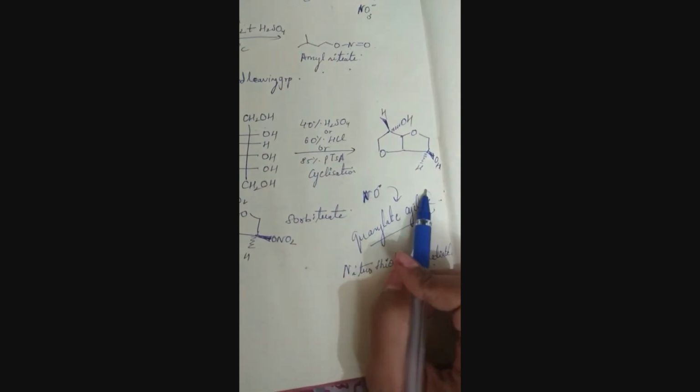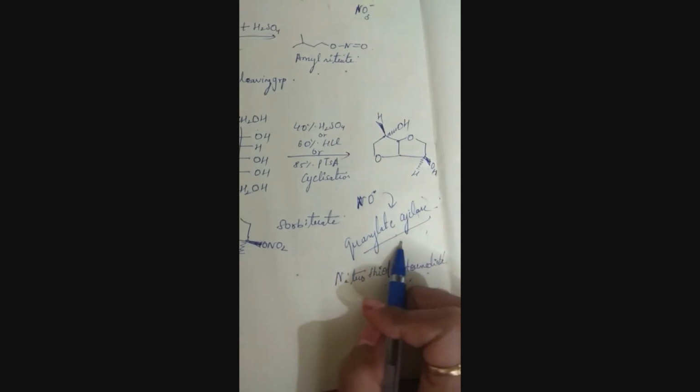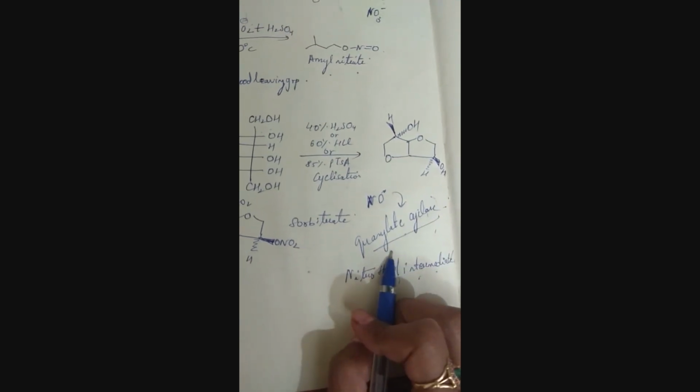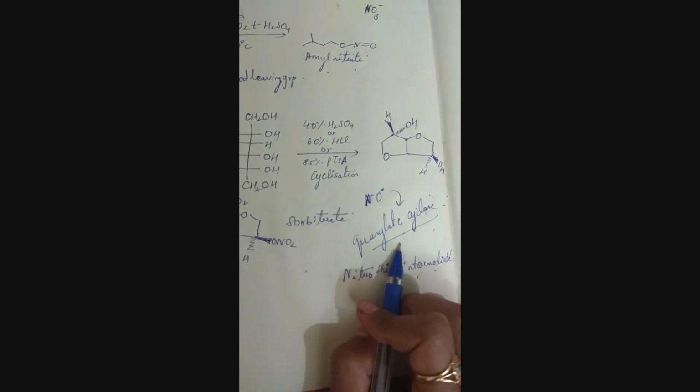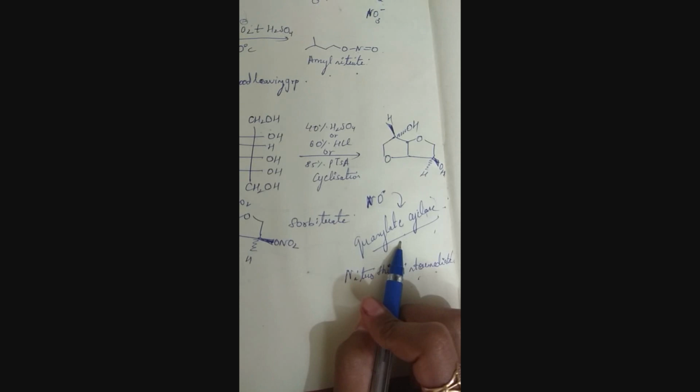This activates a systolic movement, and this helps in protein kinase, which mediates the dephosphorylation of myosin.